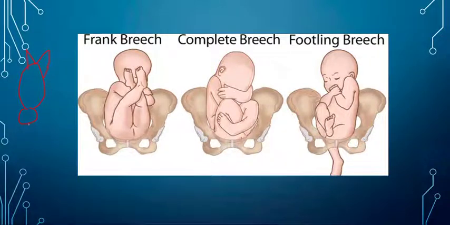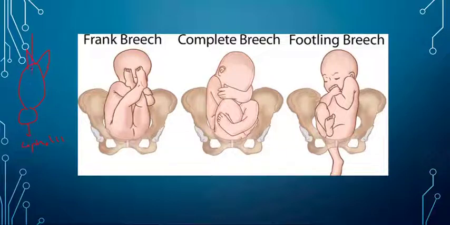If it is a head down position, that is the normal presentation, or you can say a cephalic presentation. But sometimes it can be totally opposite, like the baby's head goes up and the bottom comes in the pelvis. That is what we call breech presentation.